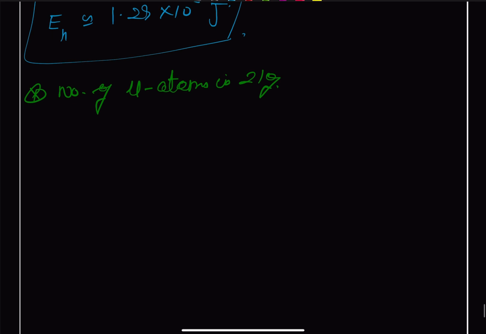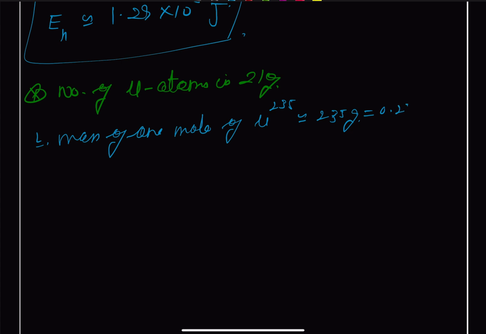And we start from the mole part. So we can say that mass of 1 mole of uranium 235 is approximately equal to 235 gram, or we can say 0.235 kg per mole.